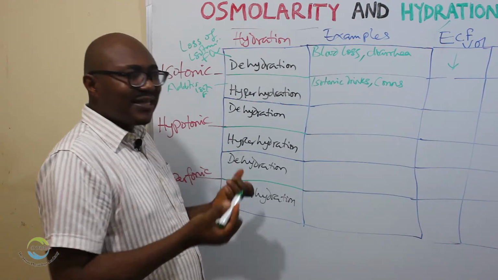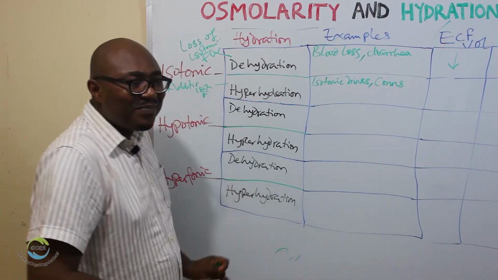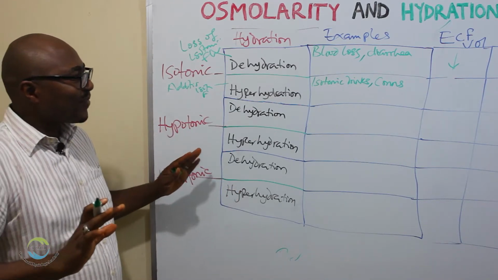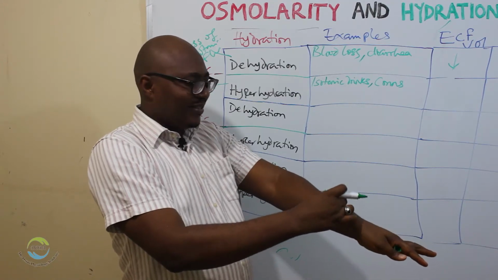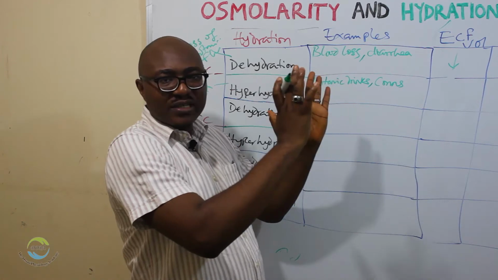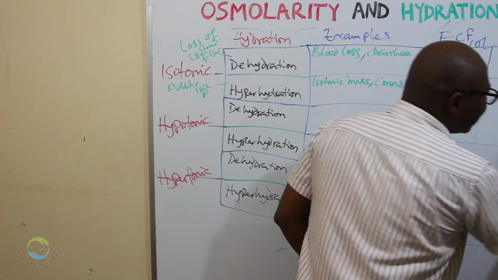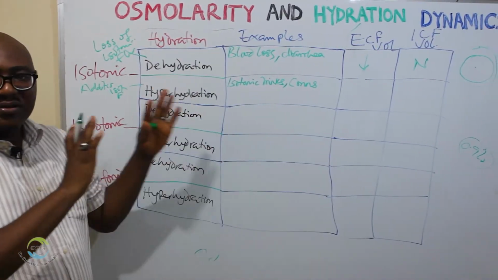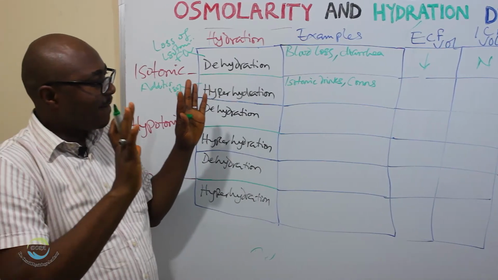Okay, another thing too, remember we talked about normal saline. So people that are in the hospital, they put a drip for them. So that normal saline is isotonic. It's usually 0.9%. Usually call it 0.9% normal saline to give you 300 milliosmoles per liter. Okay?